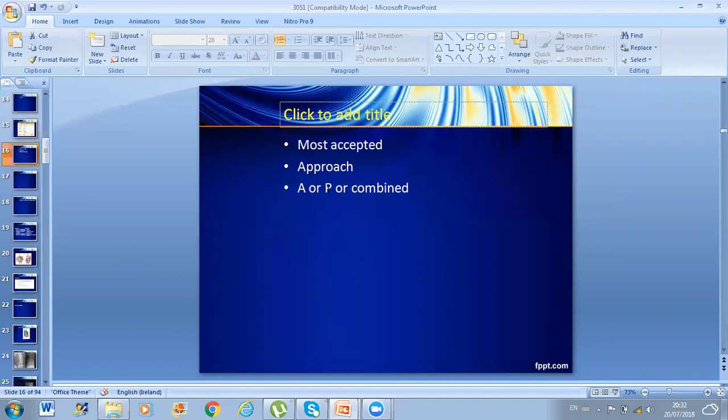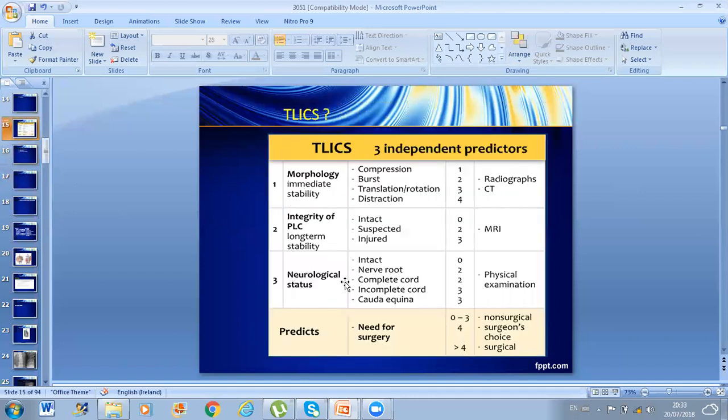And it helps you to identify whether to go anterior or posterior or combined. If the posterior longitudinal ligament is involved, then you can go posteriorly to fix the fracture.